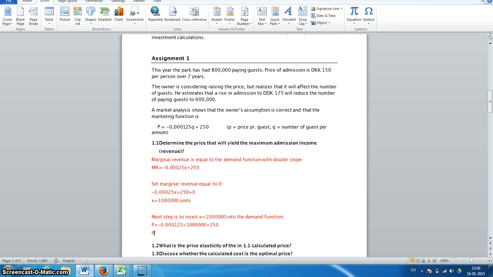So we write P equals 125 Danish kroner, and then we can write a short explanation.